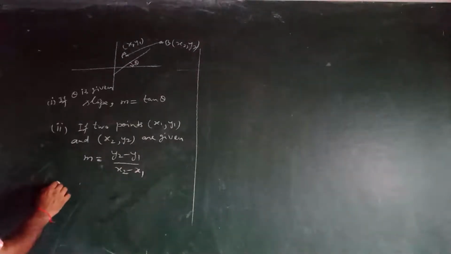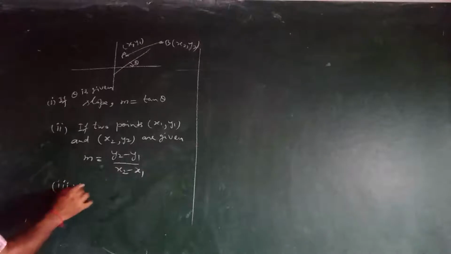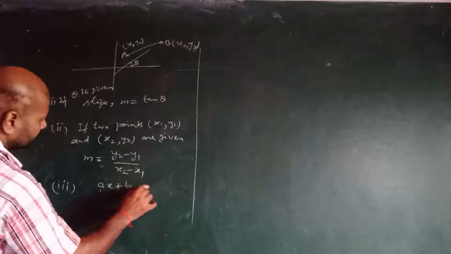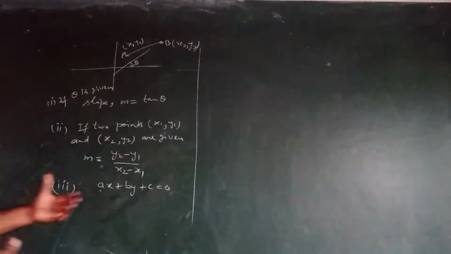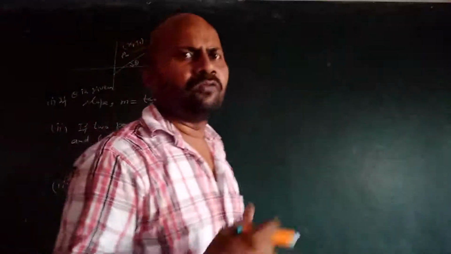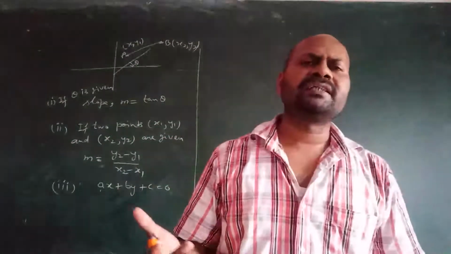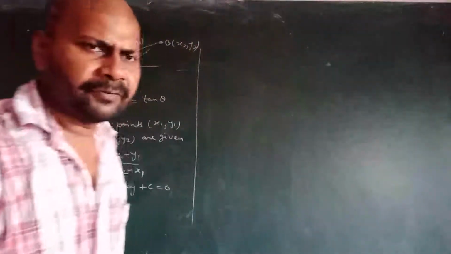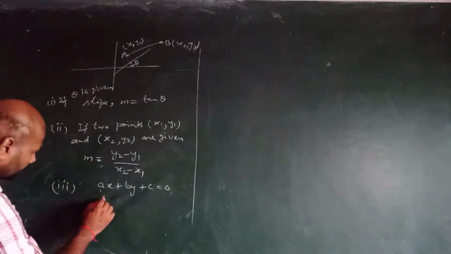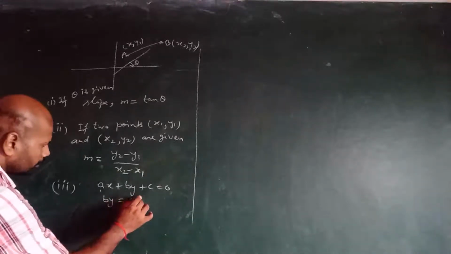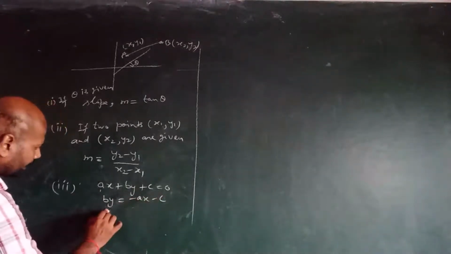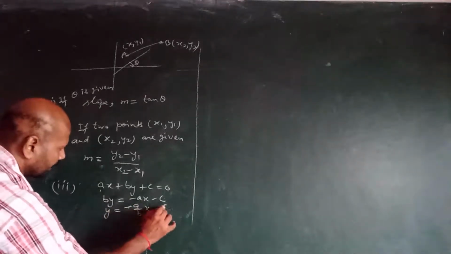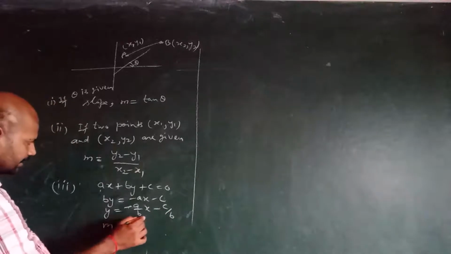Third, if we have the equation ax plus by plus c equals 0, then we have to convert this equation into the form y equals mx plus c. That form of the equation is called the y-intercept form. So by equals minus ax minus c, and y equals minus a upon b x minus c upon b, where this is m.